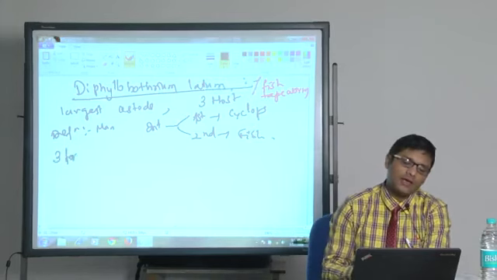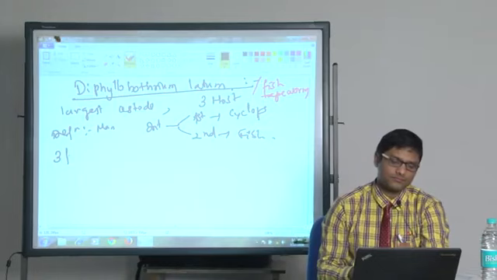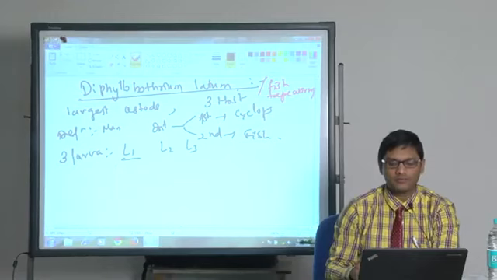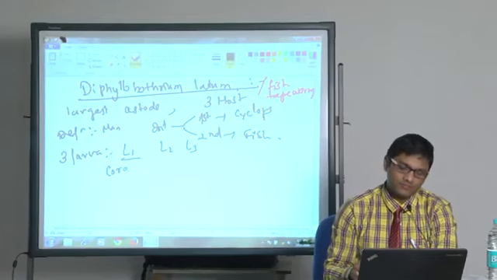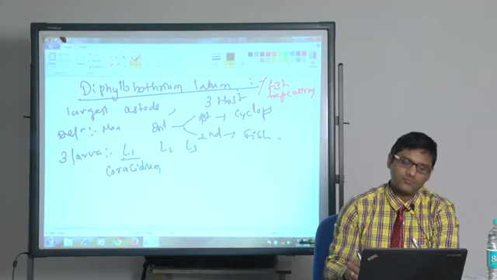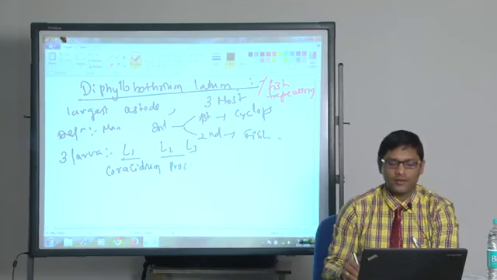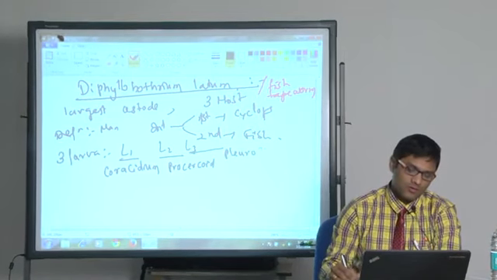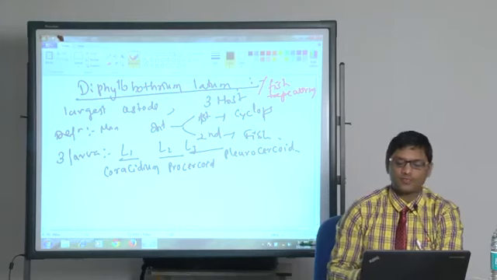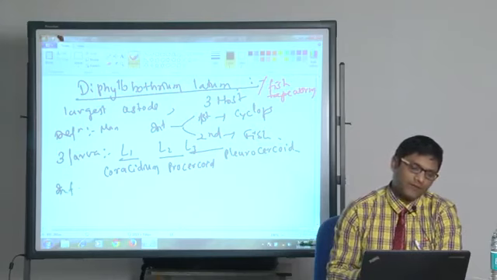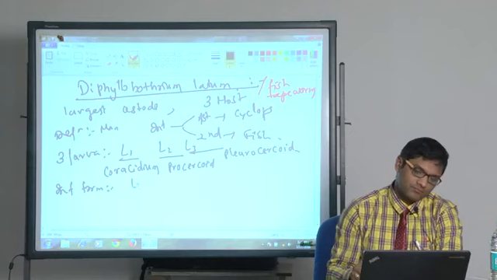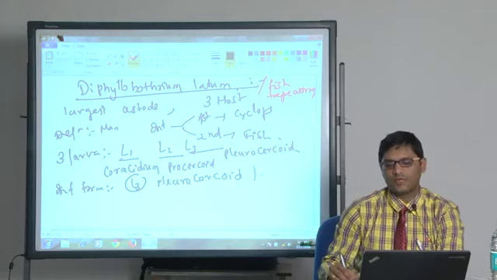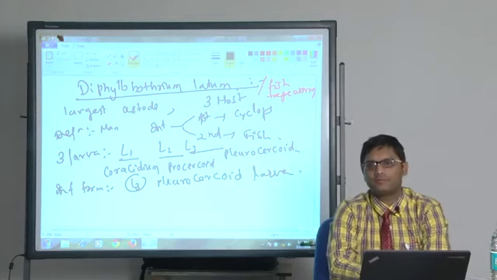It also has 3 larval forms, L1, L2, L3, named coracidium, procercoid larva and plerocercoid larva, which is the infective form. The infective form is the L3 form, that is plerocercoid larva.